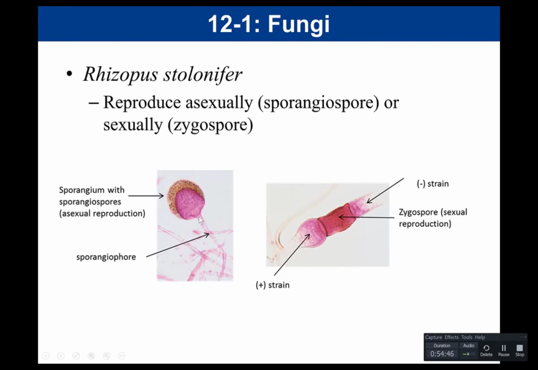There's no partner. On the flip side, if you see a fungal spore structure like this, this is called a zygospore. And the zygospore is used for sexual reproduction. You can see 2 hyphae coming together. We have this positive strain and this negative strain coming together, and they're reproducing sexually.